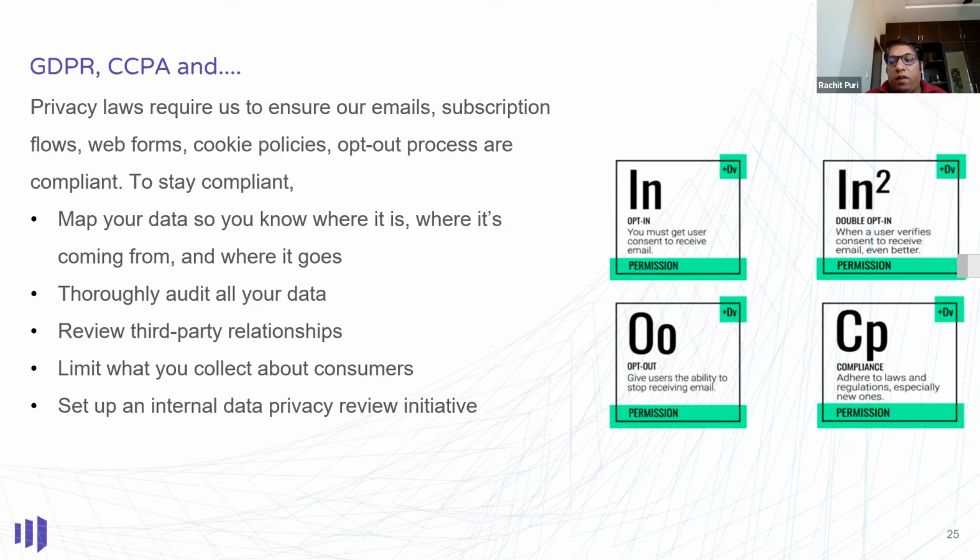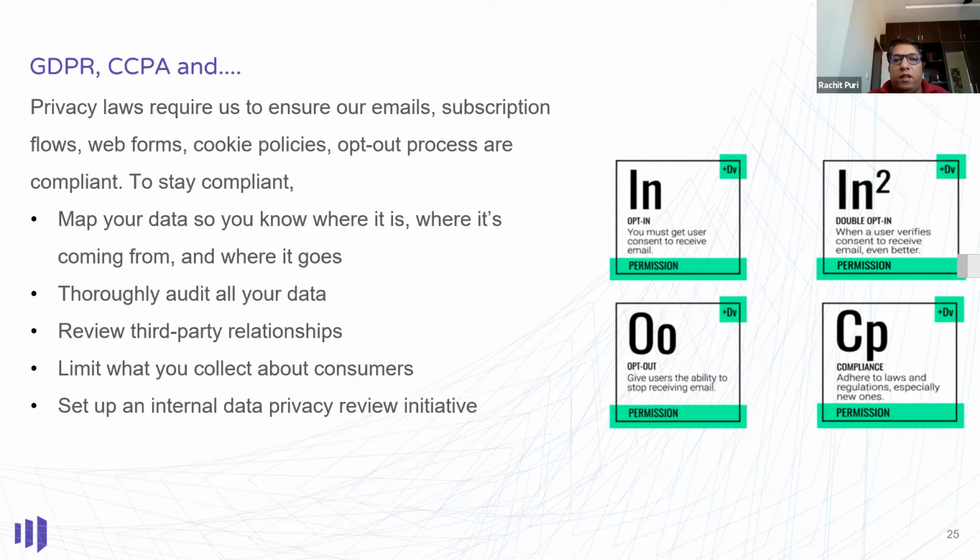So it is really important that we collect only the information which is critical. If we feel that we need some particular data point to personalize a campaign, I think that's okay to do. But if we are asking for particular information just for the sake of it, I think it's better not to ask for it.